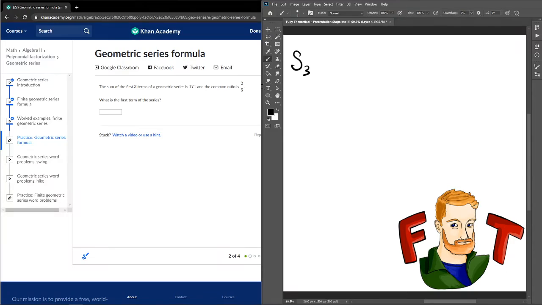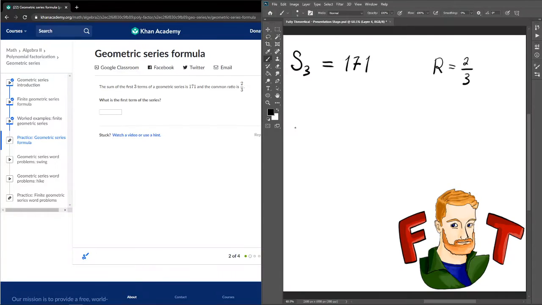First 3 terms of the geometric series is 171. Okay, that equals 171. And the common ratio is 2/3. So this one's different because we have to work our way backwards to find out what the first term is, right?